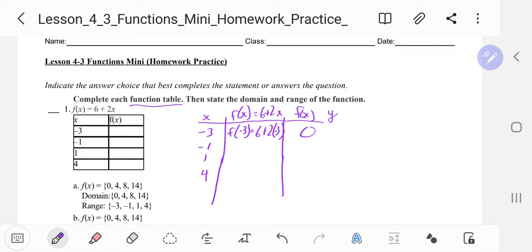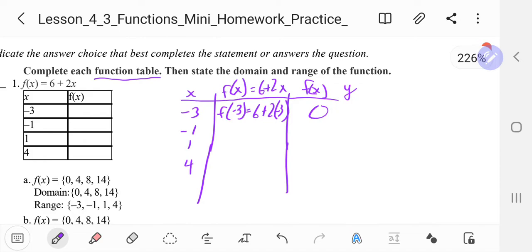Next, what is the value of the function when x is -1? Well, 6 plus 2 times -1. So 2 times -1 is -2, plus 6 would be 4.